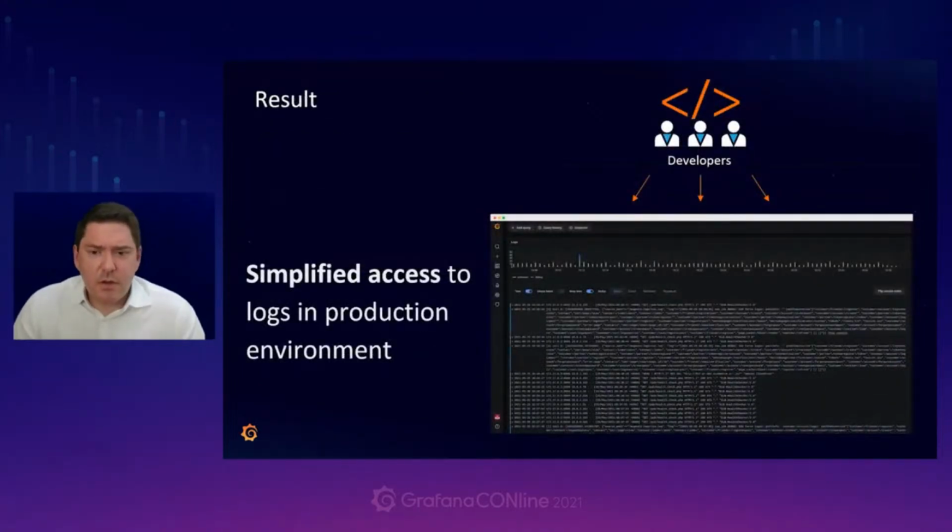And as a result, our developers can easily access application logs from Grafana. If there's any problem on dev, staging, or production environments, we can right away give them access to the logs so that they can identify the issue. And no need for them to request logs extraction. It's completely self-service.